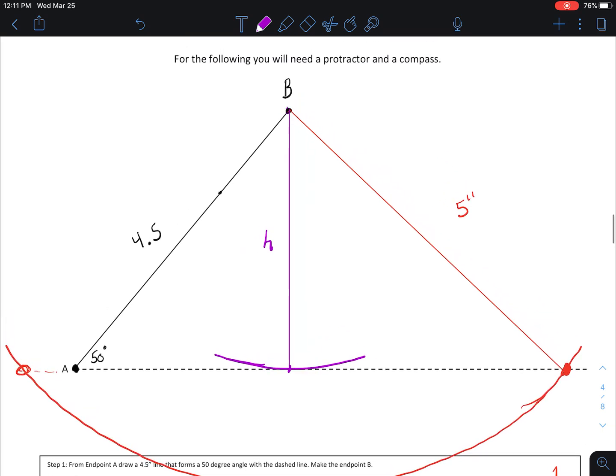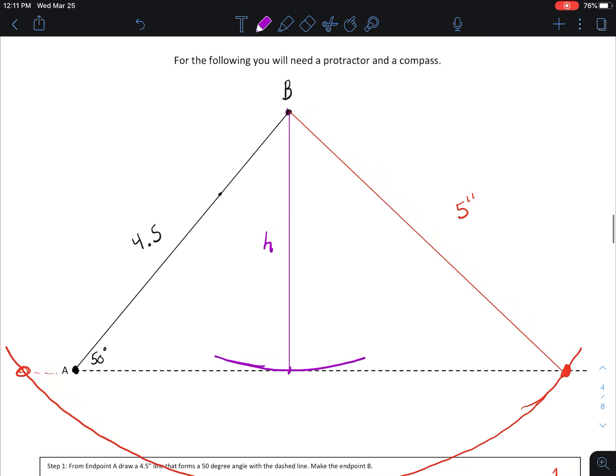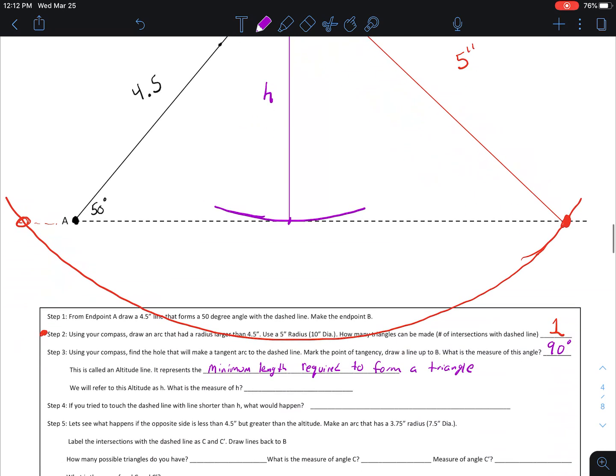And so let's see here. All right, if I'm going to measure, it looks to be about 3 3/8. So 3 3/8 would be approximately, so about 3.75.